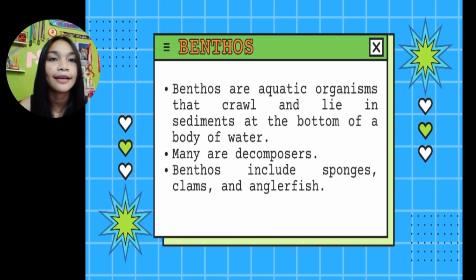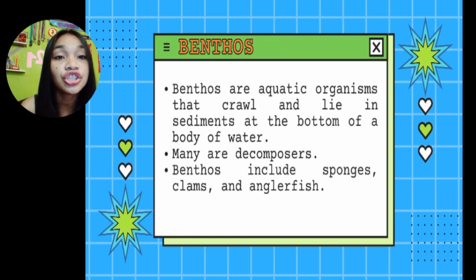Next, the last one is the benthos. Benthos are aquatic organisms that crawl and lie in the sediment at the bottom of the body of water. When we say the bottom of the body of water, nasa ilalim po, pinakailalim po. And kung ano ang nandoon sa pinakailalim is land, right? Many are decomposers.